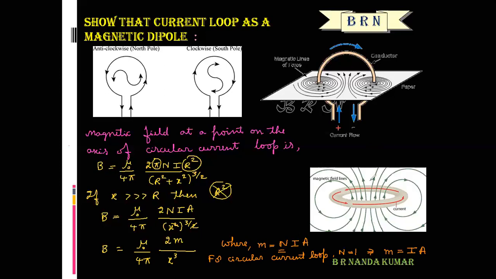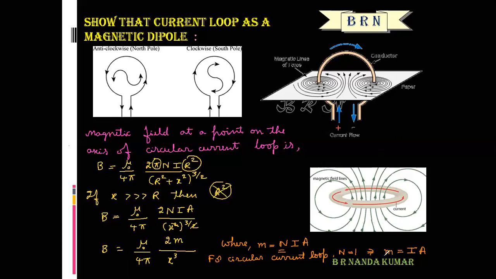So this is the normal and this is the direction of magnetic dipole moment, and the fingers encircle, which gives direction of current flowing through the circular current loop. So in this case here the magnetic dipole moment is vertically upwards. That is due to right hand thumb rule. Okay. So direction of normal and direction of magnetic dipole moment, both are same.